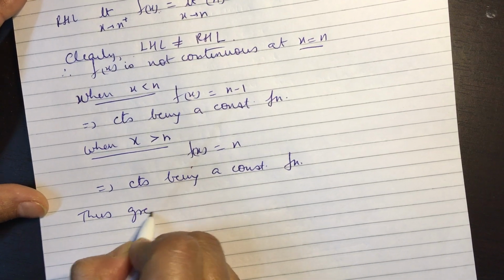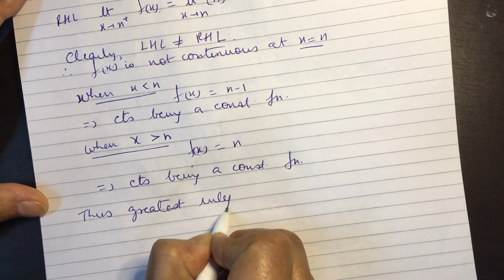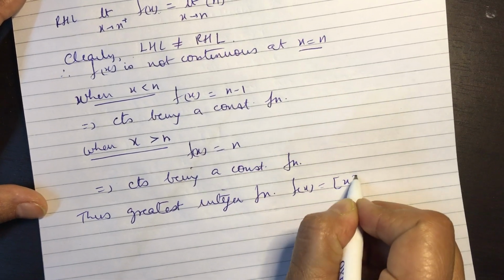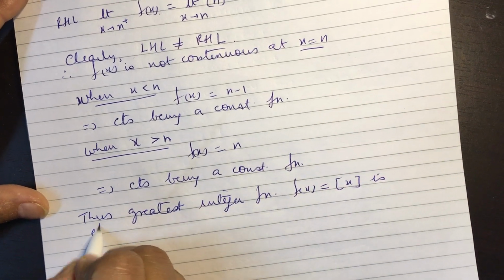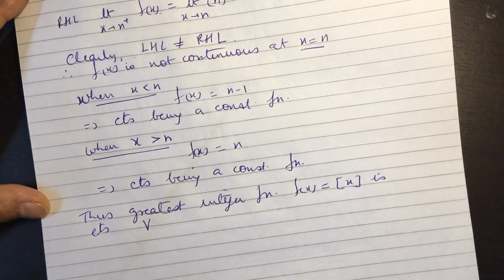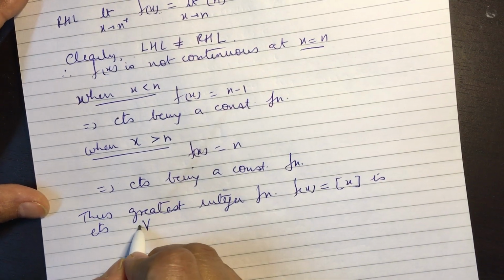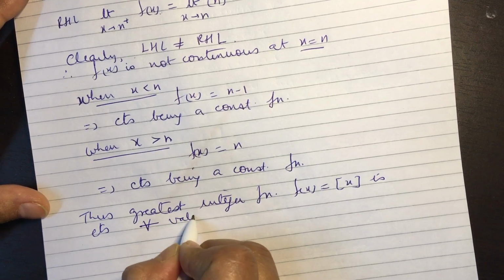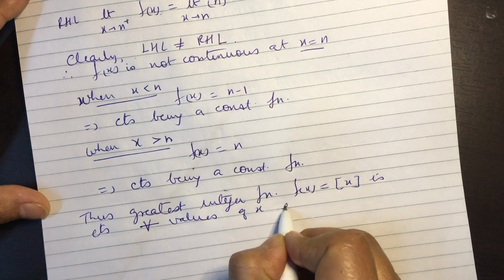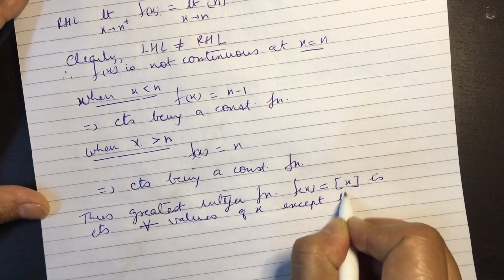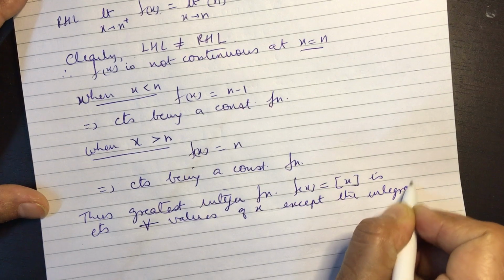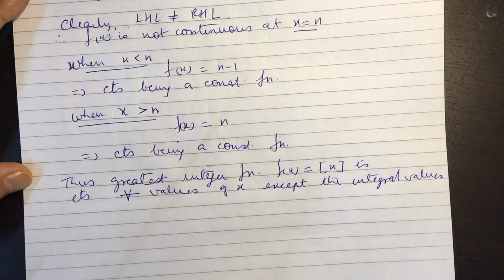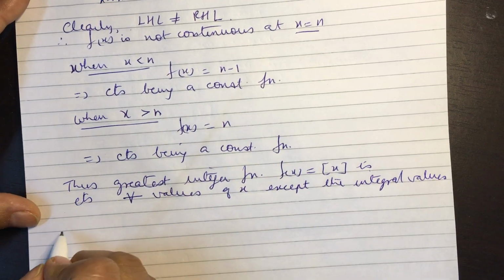Thus the greatest integer function is continuous for all values of x except the integral values, meaning except for the integers it is continuous everywhere.